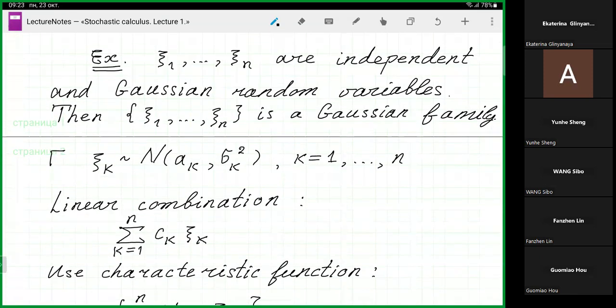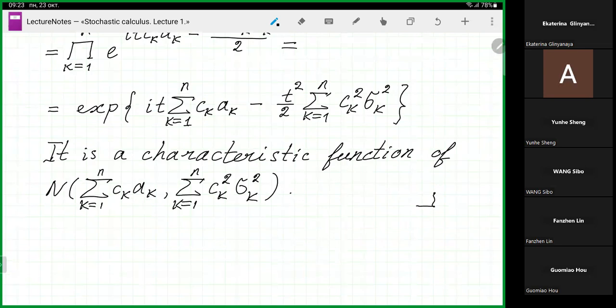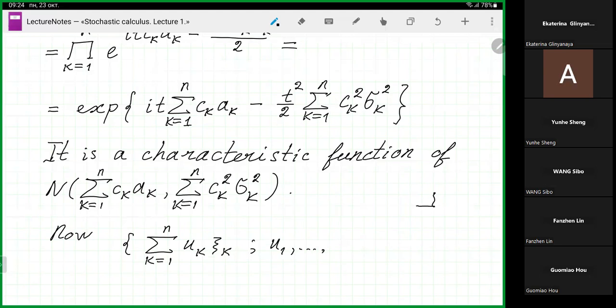Of course, we can expand this example. Namely, if we consider now the following family, sum from k equal 1 to n of uk psi k, where u1, un are just arbitrary numbers from R, then this family is a Gaussian family.